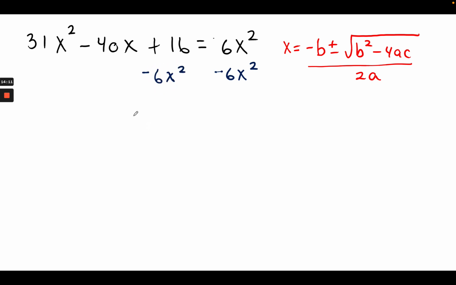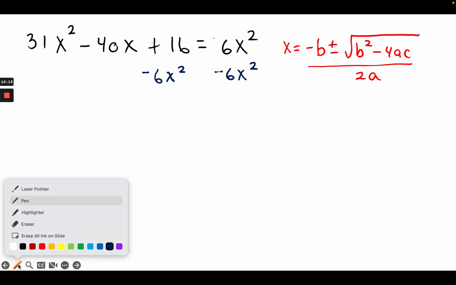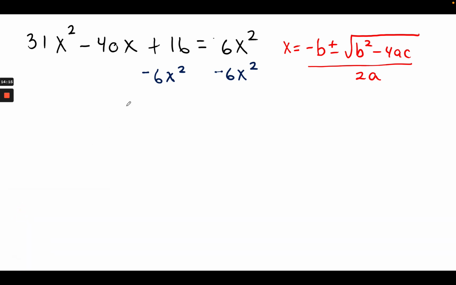Now this one is a little bit weird because I've subtracted the 6x squared, which is great. So that means on this side it equals 0. But over here, what am I going to do? I can't subtract 6x squared from 16. I have to subtract it from my like terms. And there's my like terms right there.